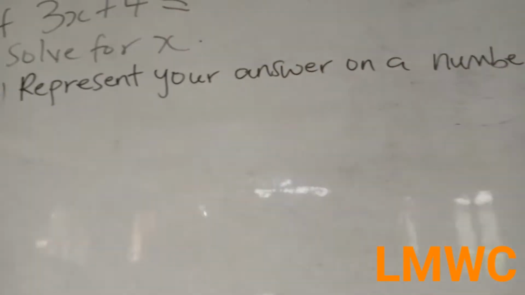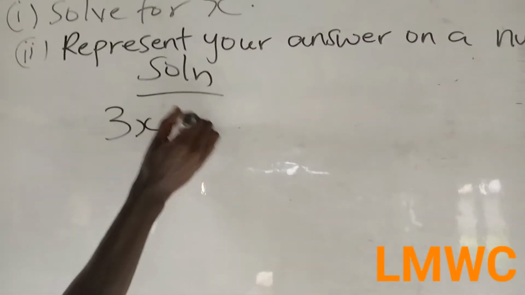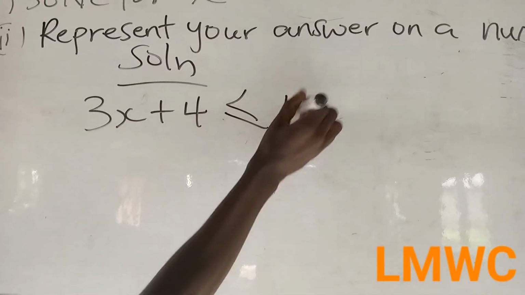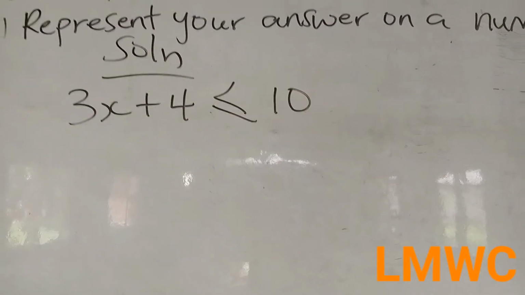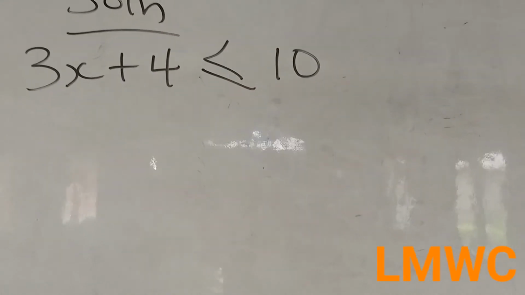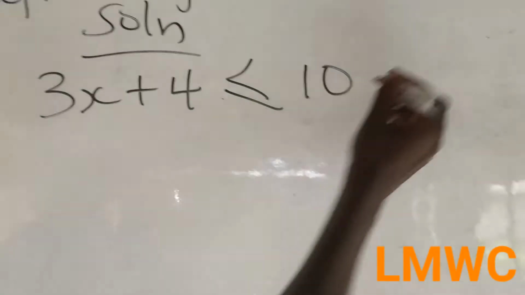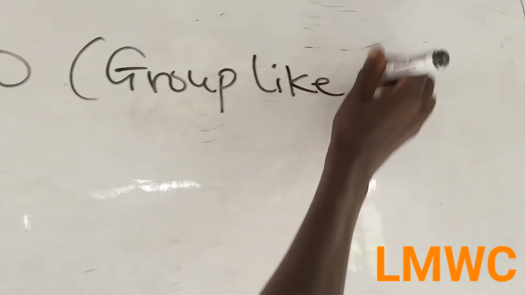So let us solve this one. You group like terms, because for linear inequality the methodology is the same as for linear equation. Group like terms here.